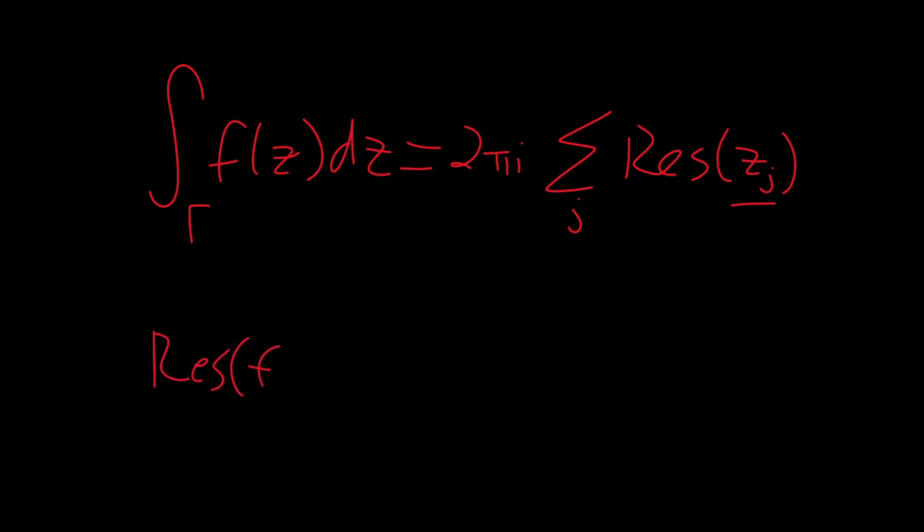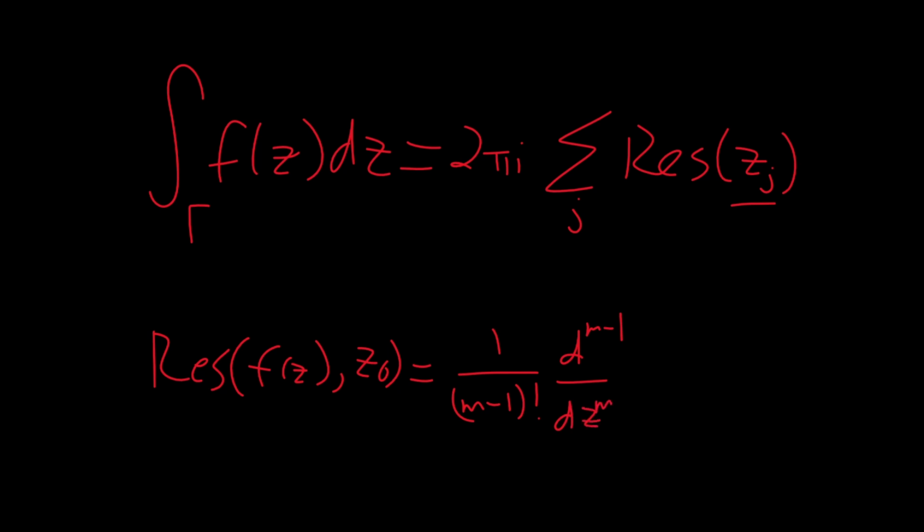The residue of some function of z at z naught is going to be equal to 1 over m minus 1 factorial, where I'll explain what m is in a second, times the m minus 1th derivative with respect to z of z minus z naught to the m times f of z.